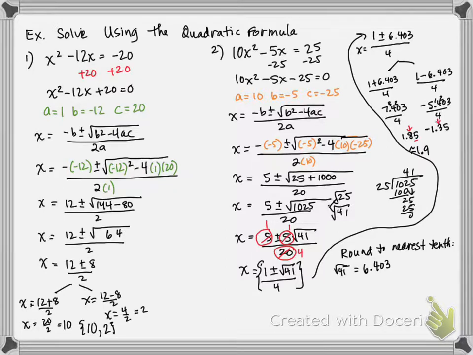So the hundredths is the 5. 5 says, yep, 3 can go up. And we get the second answer would be approximately negative 1.4. So we get 2 possible answers 2 different ways, depending whether I want the exact answer or I want an approximate answer.